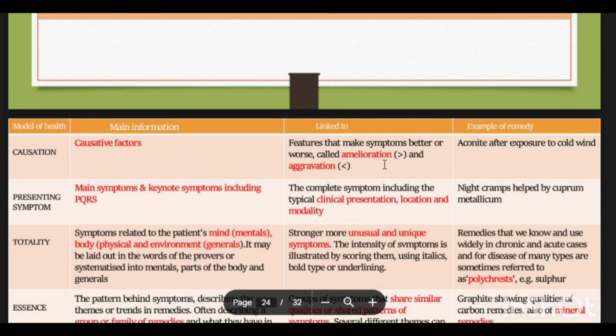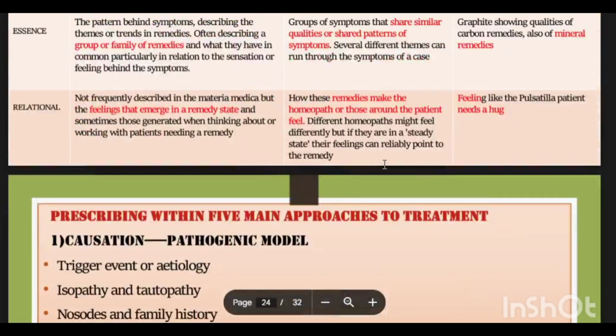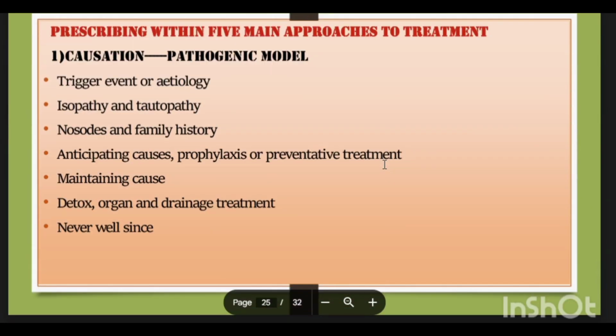Finally, we see the prescribing method. For the biological method, it means local and or clinical, prescribing on single notes, strange, rare and PQRS symptoms, the complete symptoms.